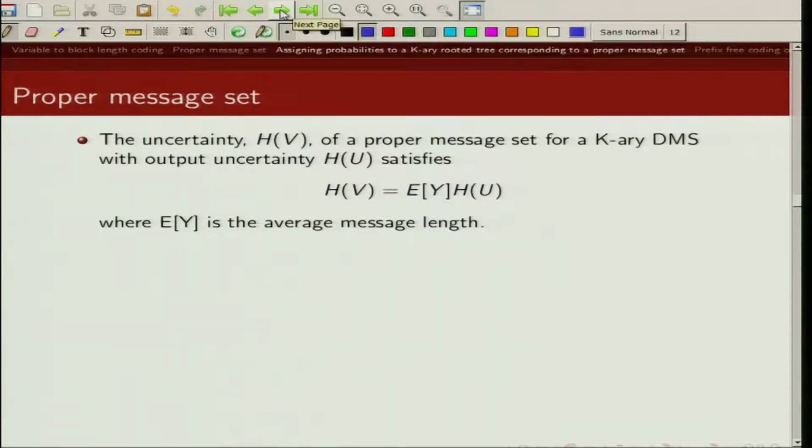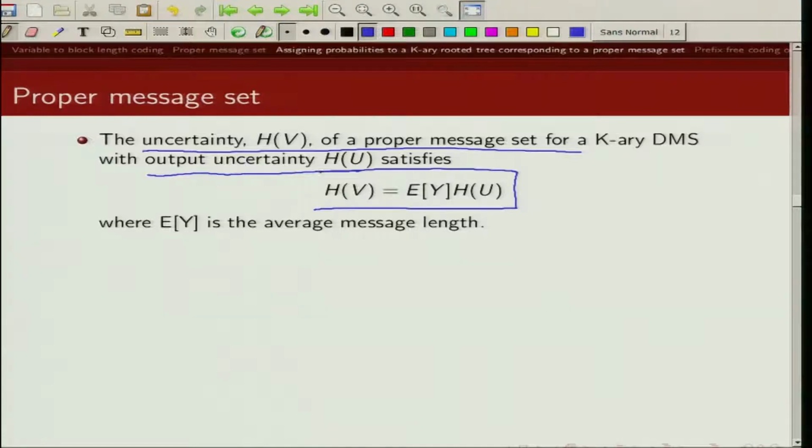Now, we are going to show that the uncertainty of a proper message set, which we are denoting by H of V, of a query discrete memoryless source with output uncertainty U satisfies this relationship.